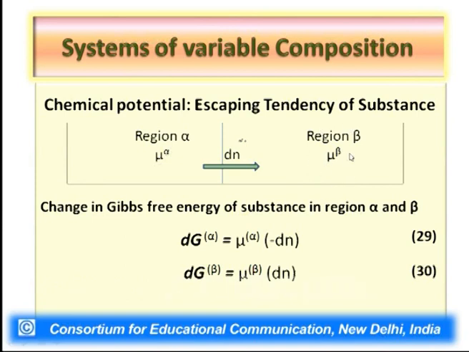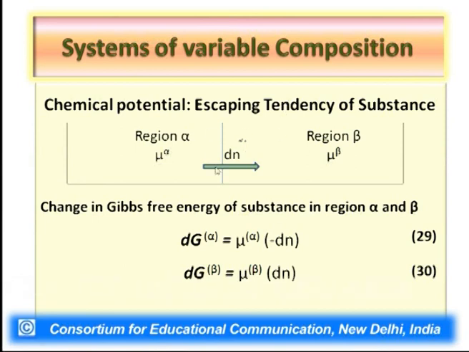Now, suppose the chemical potential in the two regions is different, although the same substance is present in both regions. It is important to understand that temperature and pressure are kept constant. Under such conditions, we carry out a transfer of substance, that is, an infinitesimal number of moles dN of the substance is transferred from region alpha to region beta.